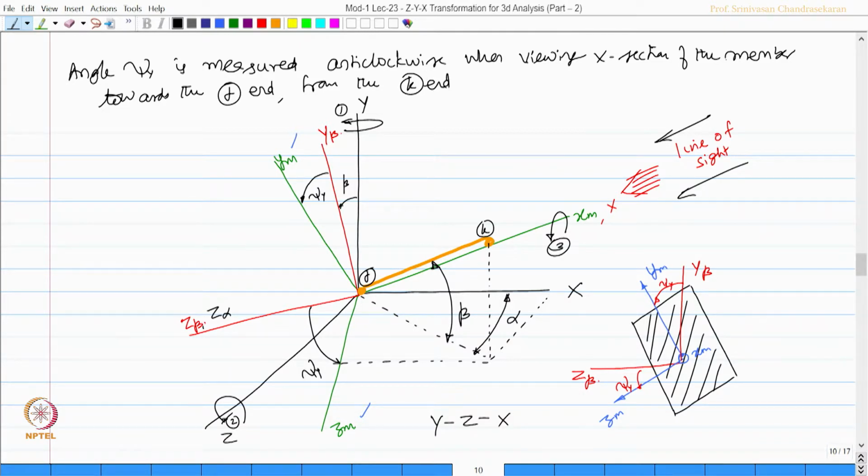When you see from here, you will see y m is to the left of y beta and z m is to the left of z beta. Okay, that is what we have marked here.